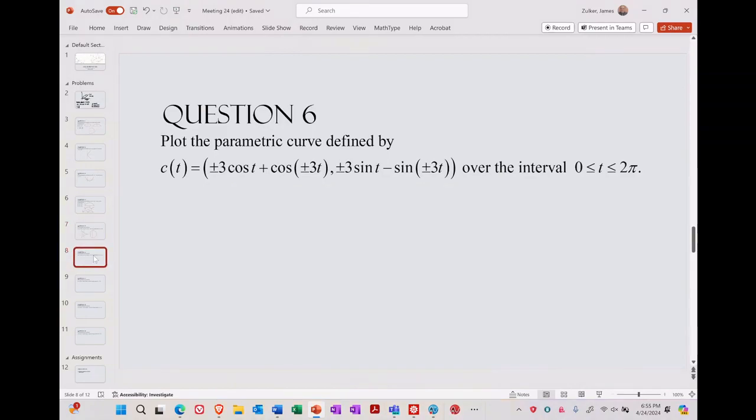Now we're going to replace the 2's with 3's. Let's see how this changes things.